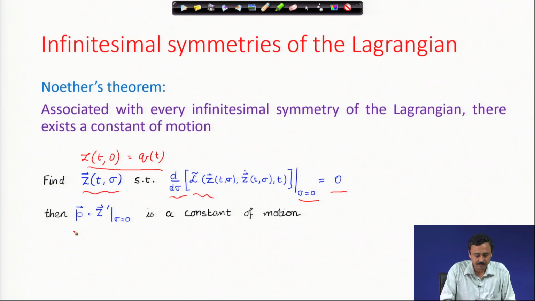Then, if you are lucky enough to find that, you can immediately write down the conserved quantity. Just calculate from the Lagrangian the generalized momentum and dot it with the infinitesimal generator of that symmetry transformation. P dot z prime at sigma equal to 0 is a constant of motion.